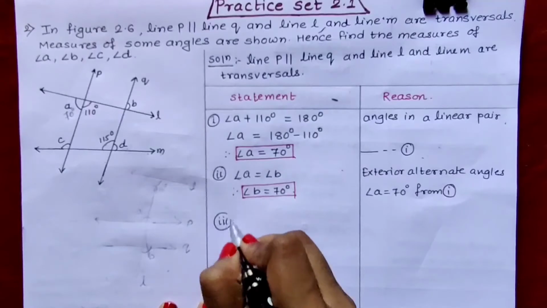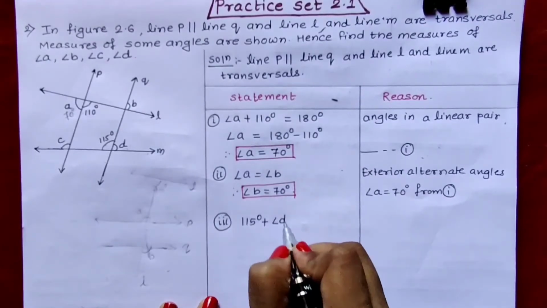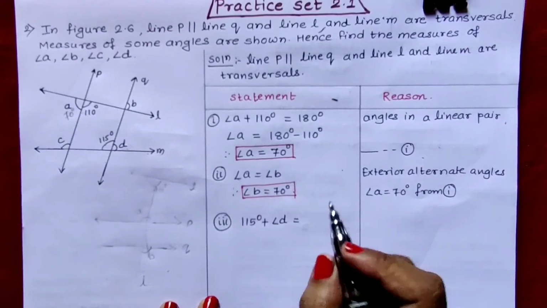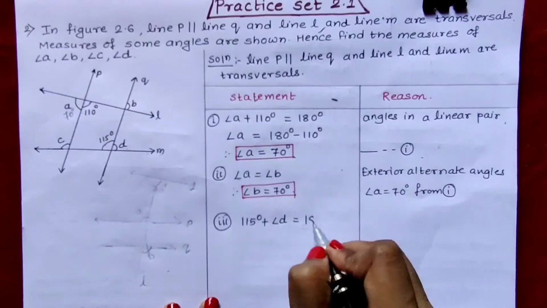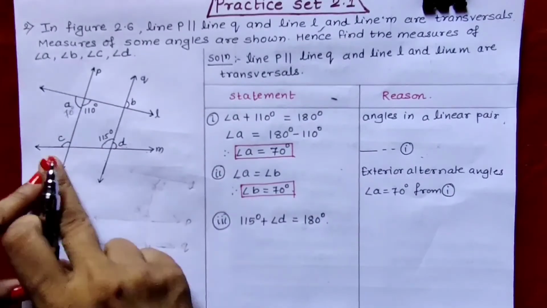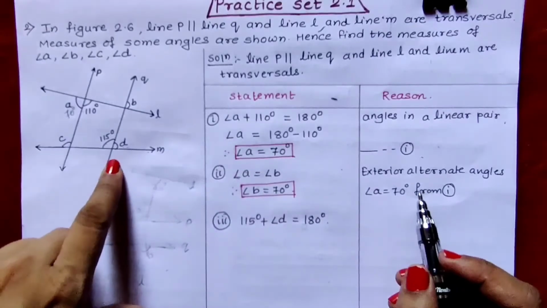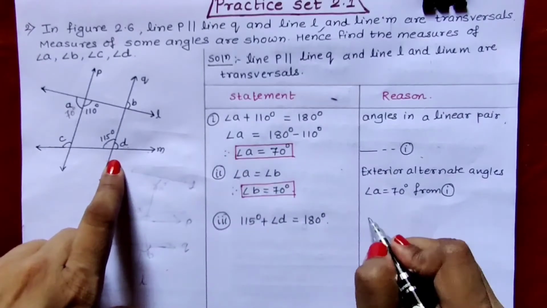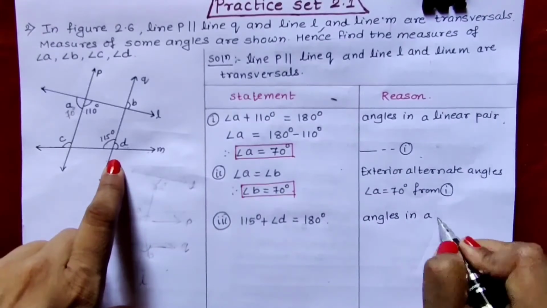Third one is 115 degree plus angle D, or only D we can write also, plus angle D is equal to 180 degree, because they are in the same line, they are separated by one ray. So the reason is angles in a linear pair.